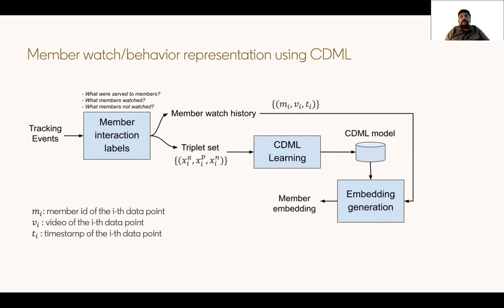For example, if you have watched 15 videos in the last week, those 15 videos' CDML representations now become a proxy for a member representation. This allows us to create member representations purely on the basis of the video content they watch. This can be complementary to other information we use for feed and ads modeling, where we already have information about other behavior, and this can give us some content information.